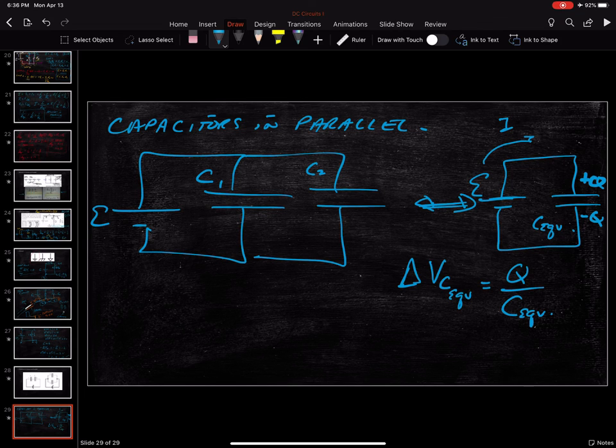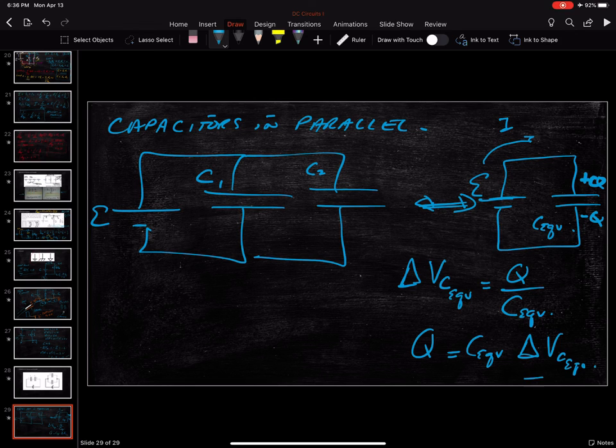So Q equals C delta V, and so the Q should be C equivalent times delta V for this C equivalent.